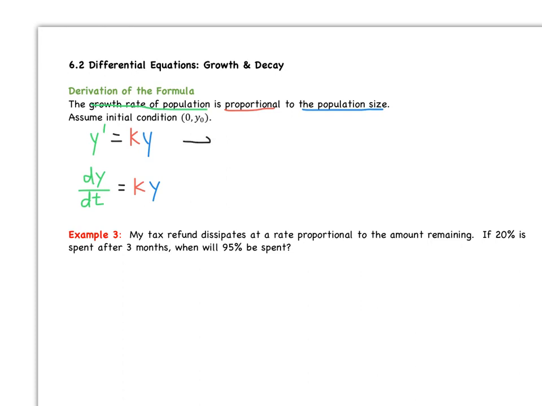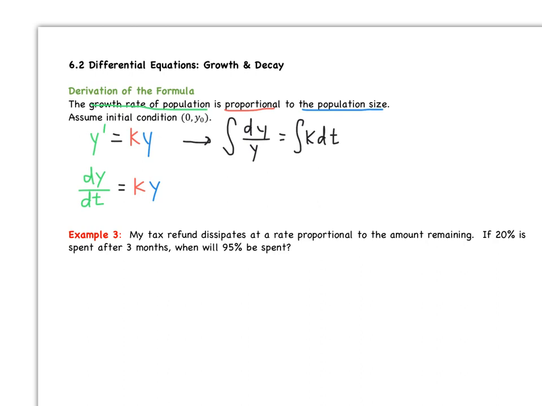So we know that dy dt, if we were to multiply both sides by dt and divide both sides by y, we really have dy over y, or the integral of dy over y is equal to the integral of k dt, okay?